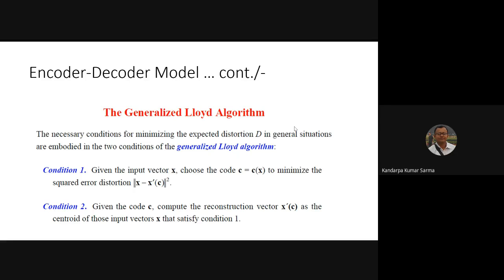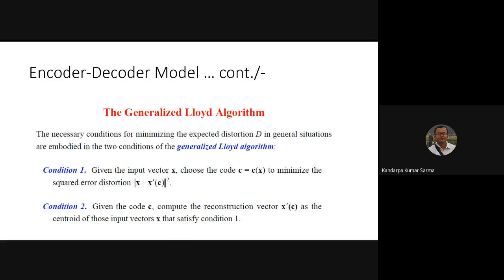The first condition is that you have a sample vector, or a pattern vector X. You choose a code C equal to C of X to minimize the squared error distortion given by this particular norm, norm of X minus X dash of C, squared.